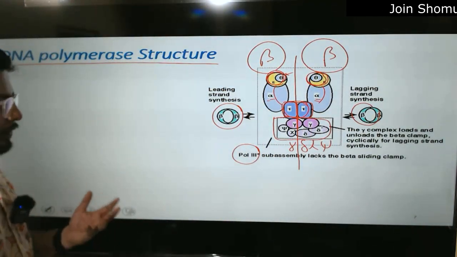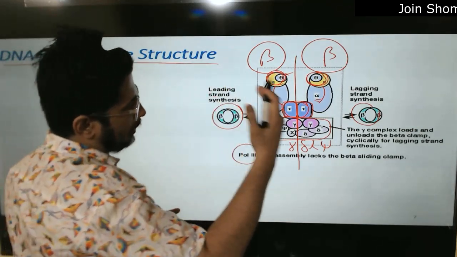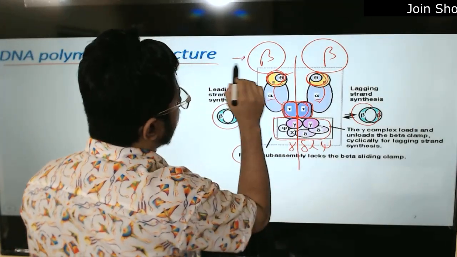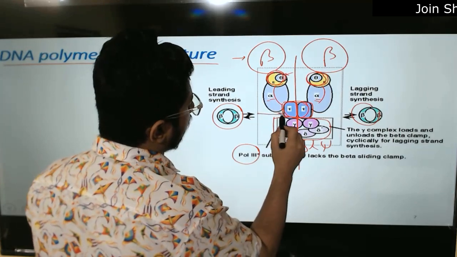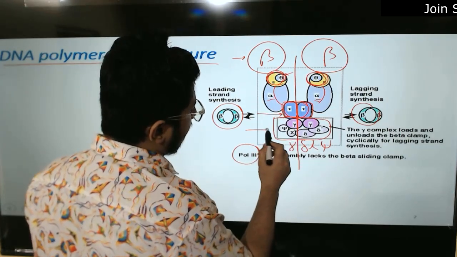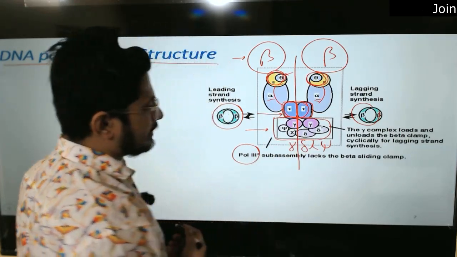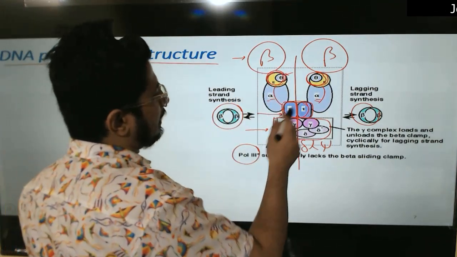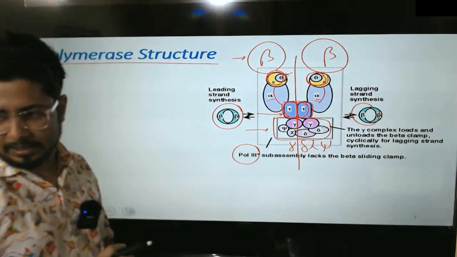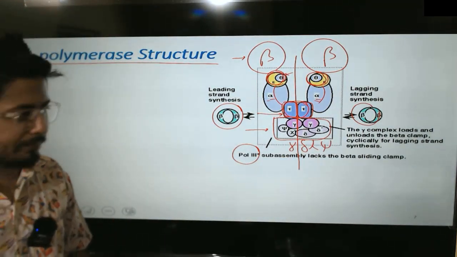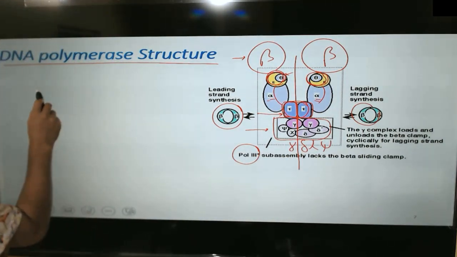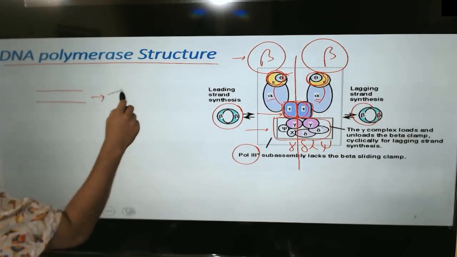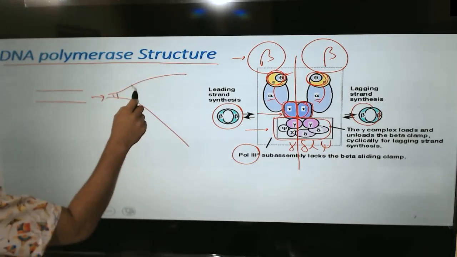If you consider this as an overall structure, the beta clamp has an important specific role to play, tau has a role to hold them together, and this leg made with delta, psi and the other subunits helps to load the beta clamp on top of the DNA. Basically, imagine this is the DNA strand. The DNA strand will be separated, right?